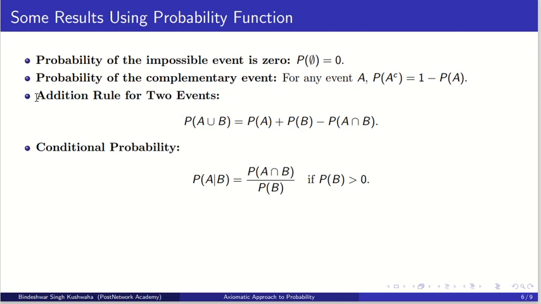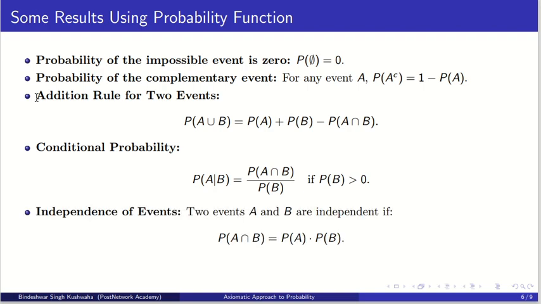Conditional probability we will discuss later: P(A given B) is equal to P(A intersection B) upon P(B) if P(B) is greater than 0, because the denominator cannot be 0. So these are some results.